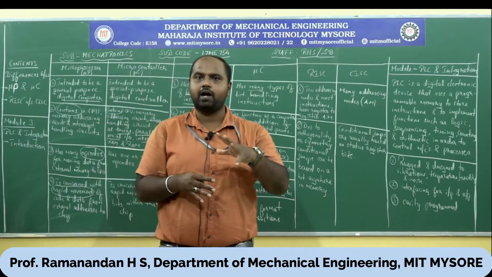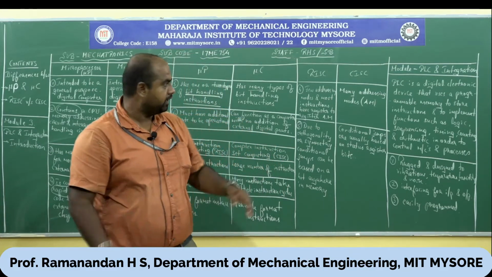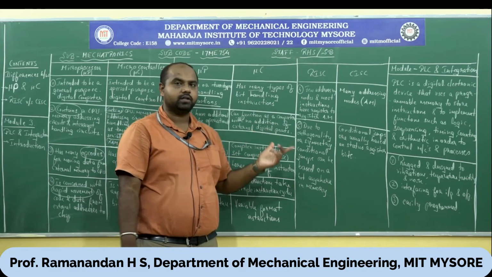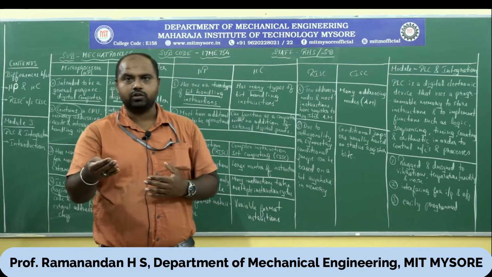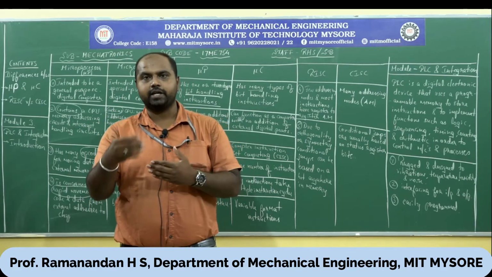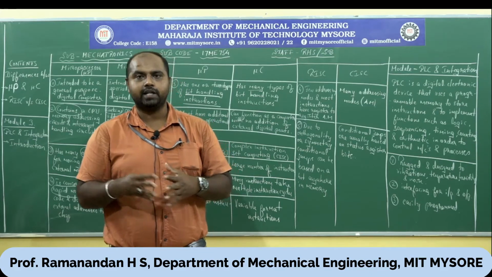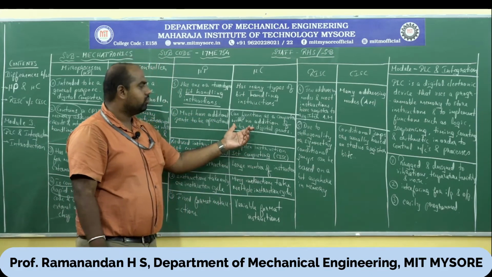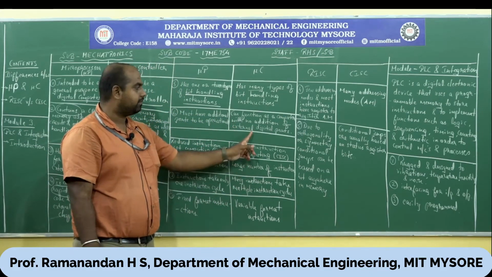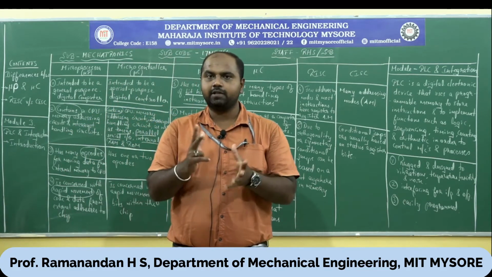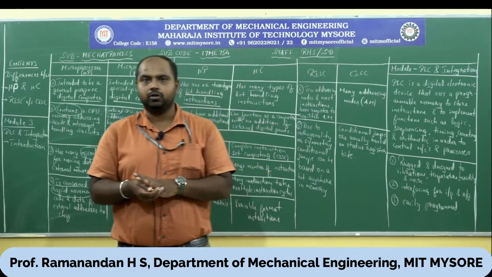So the requirement of hardware is more for a microprocessor, but a microcontroller already has its own input output module as well as timer as well as memory. It can function with very few or no additional parts. So these are all the differences between microprocessor and microcontroller.